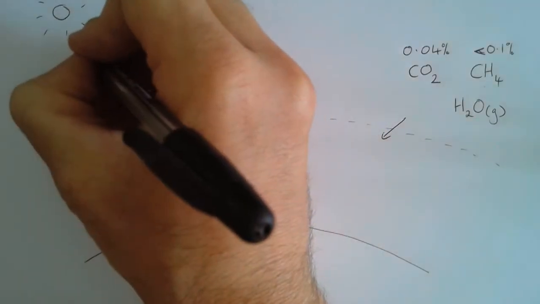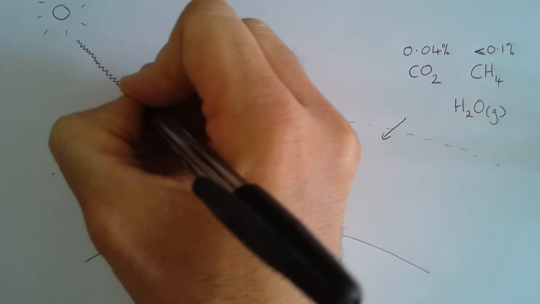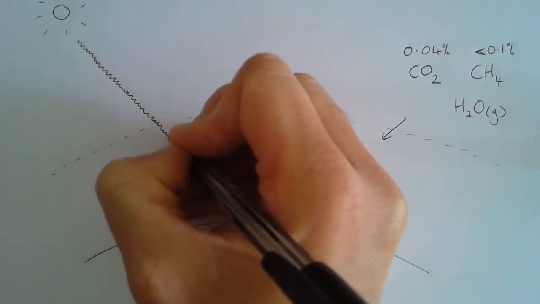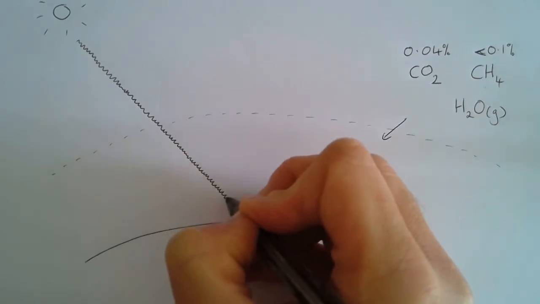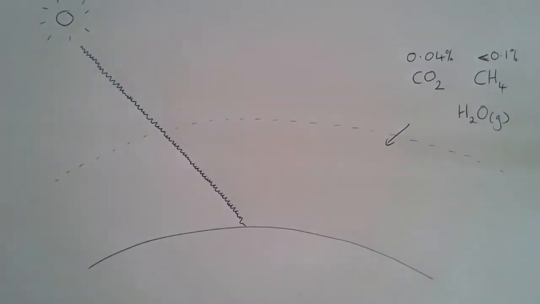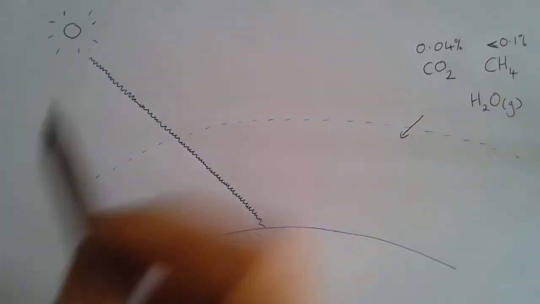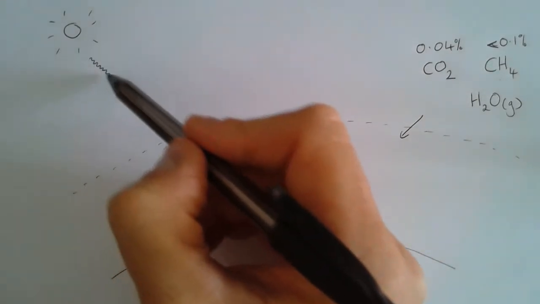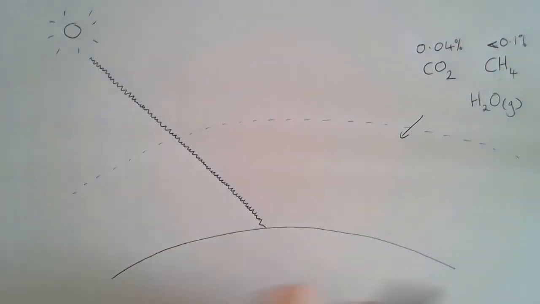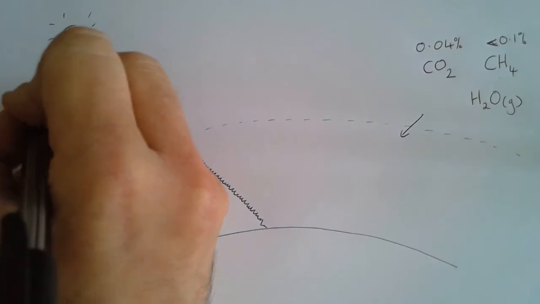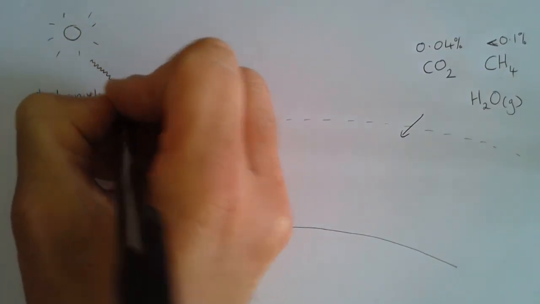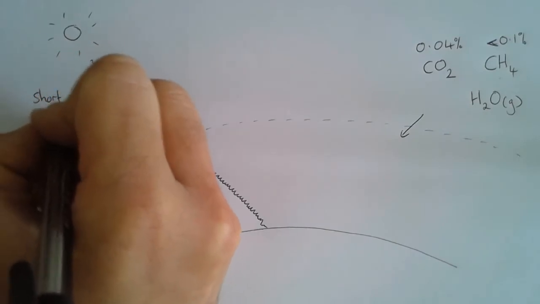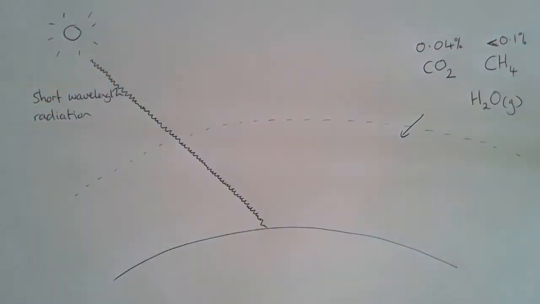So as in our greenhouse, I'm trying to draw a light wave with a short wavelength now. Short wavelength light from the sun travels through the Earth's atmosphere and hits the Earth's surface. This is short wavelength radiation from the sun, particularly the visible part of the spectrum.